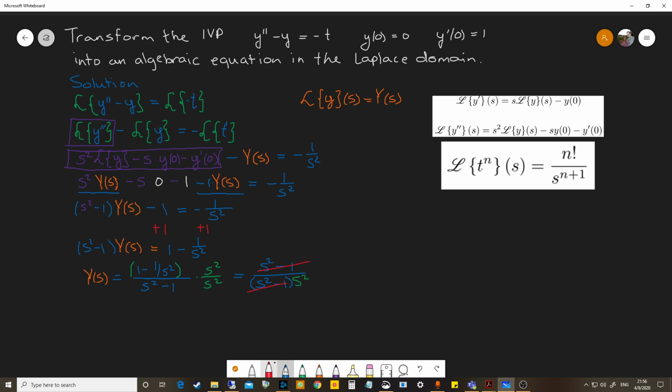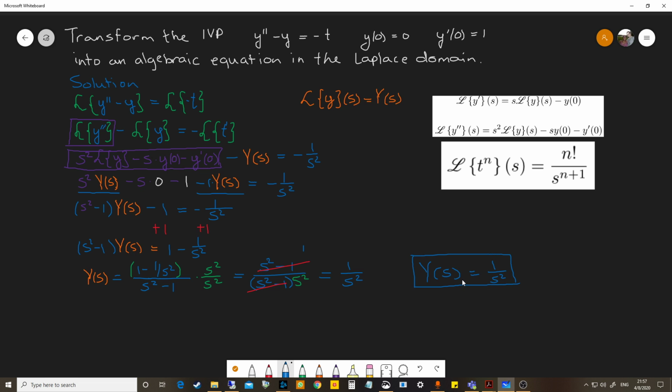When those two cancel, of course, on top you just get a 1. So the final answer is 1 over s squared. So the Laplace transform of y is equal to 1 over s squared.